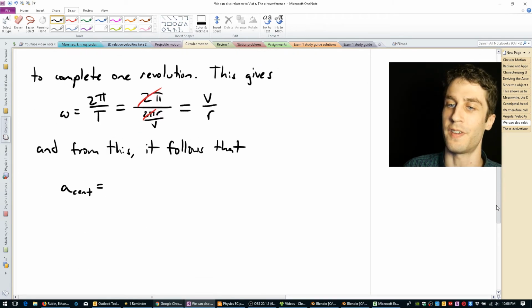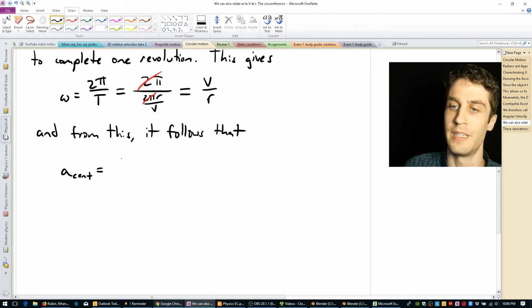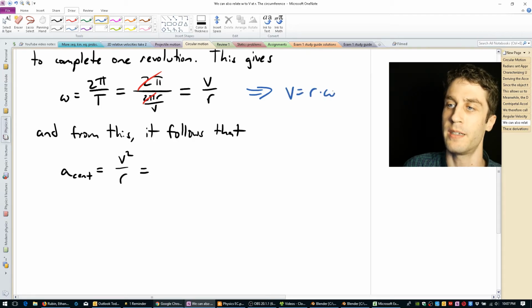And from this, it follows that a centripetal is v squared divided by r. We already found that. But what I'll do is I'll use this top equation to determine that v is equal to r times omega, and I'll plug that in down here.